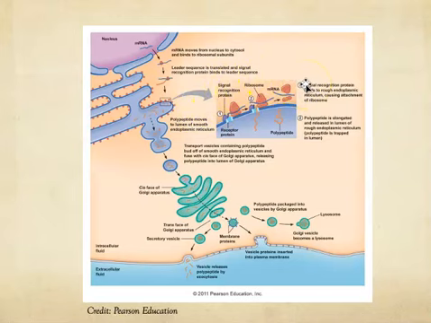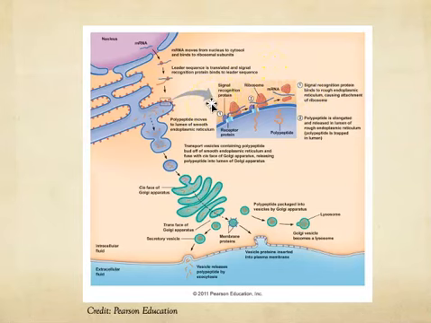If that polypeptide is intended for its final destination to be one of the organelles on our list, and it's intended to go through cotranslational import, then the very first amino acids that are going to be translated on this polypeptide are going to be an ER signal sequence.